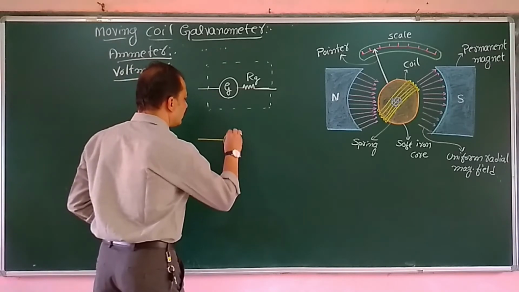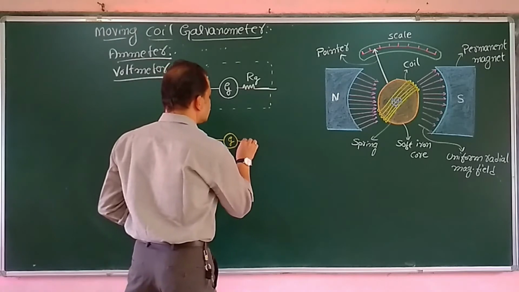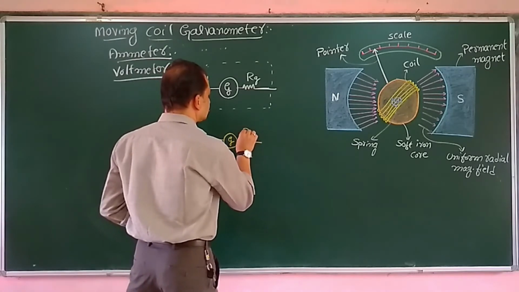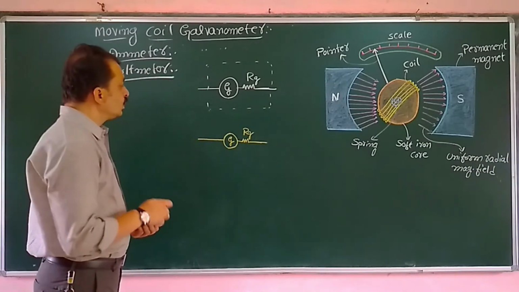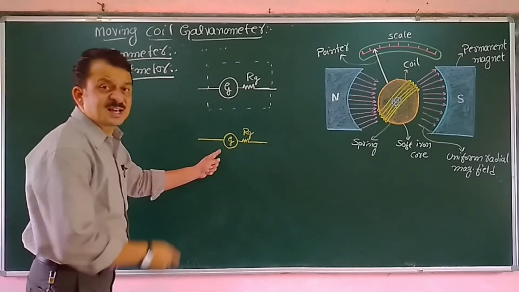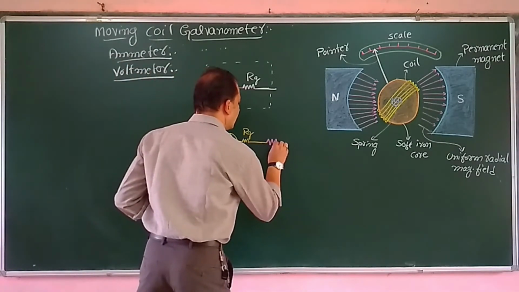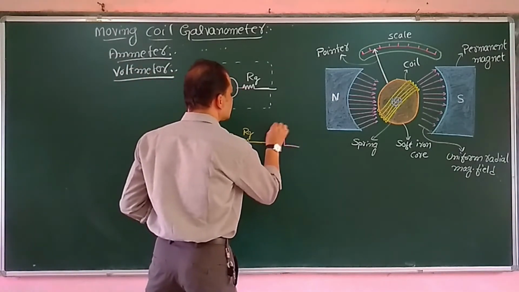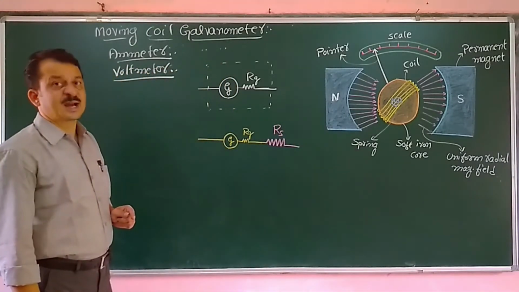Now we have a galvanometer with internal resistance Rg. Up to this one, it is the galvanometer. Now I have to increase the resistance of the galvanometer. That means I have to connect a high series resistance, capital RS.